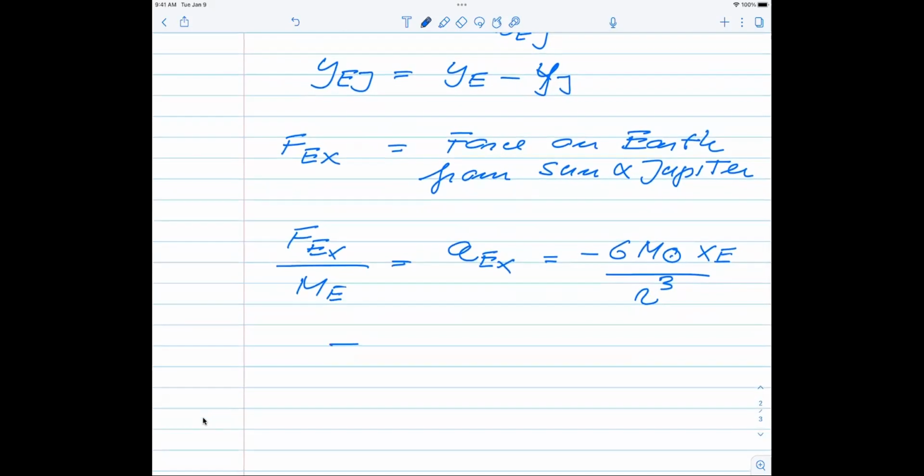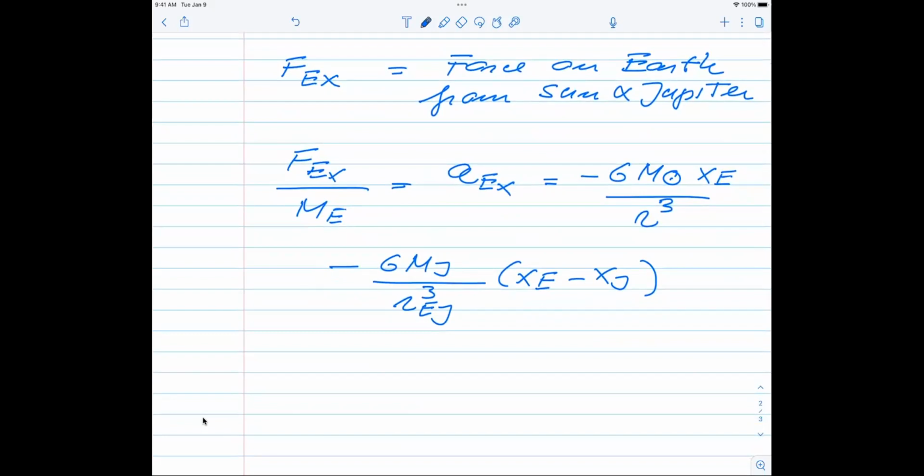And then we have minus G times m_J divided by r_EJ cubed, and then we have x_Earth minus the position of Jupiter. Now, what we know is that we rewrote this G times the mass of the Sun. So we can rewrite this as 4 pi squared times x_E divided by r cubed.